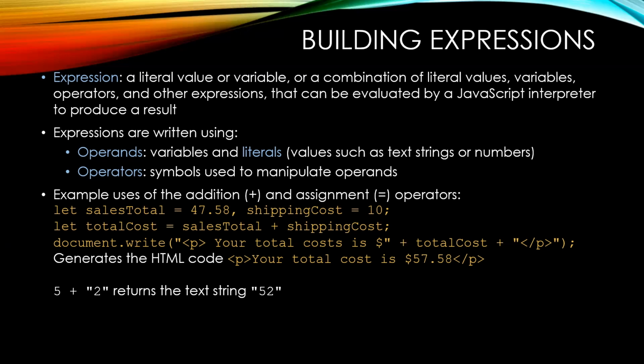It's not going to add a numeric 5 plus a numeric 2 and give you a numeric 7. It is going to basically concatenate a string 5 with a string 2 and give you the value of 52. So that's something to keep in mind when you're working with strings.